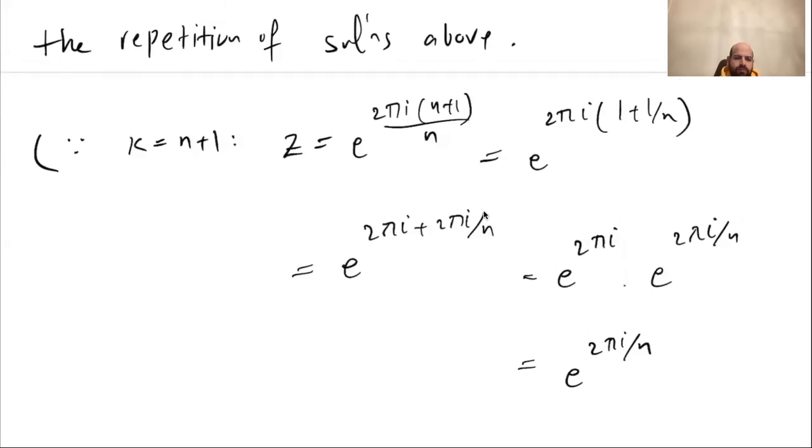So z is equal to e to the power 2 pi i times e to the power 2 pi i over n, and e to the power 2 pi i is 1 because it is cos 2 pi plus i sine 2 pi, and this is basically 1. Therefore, the solution corresponding to k equals n plus 1 is the same as the solution corresponding to k equals 1.